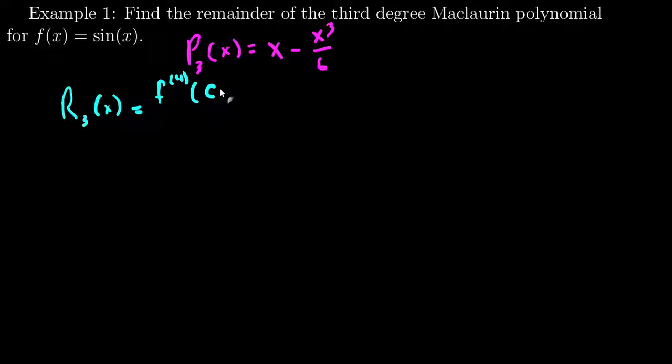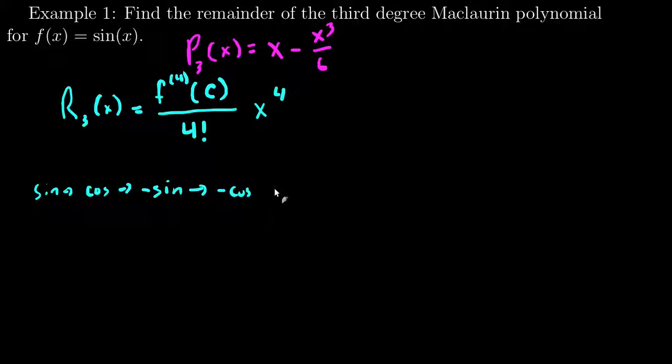I actually only put that c in there, divided by n plus 1, so 4 factorial, all multiplied by, since this is a Maclaurin series, x to the fourth. And the fourth derivative of sine, well, it goes: the first derivative is cosine, the second derivative is negative sine, the third derivative is negative cosine, and the fourth derivative is back to sine.